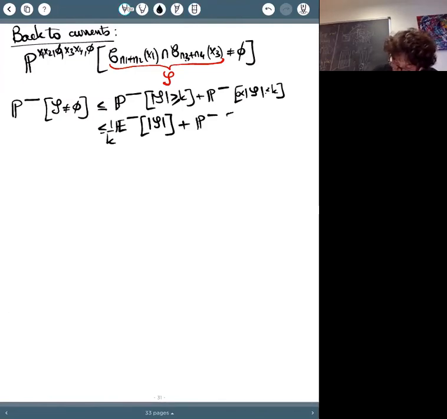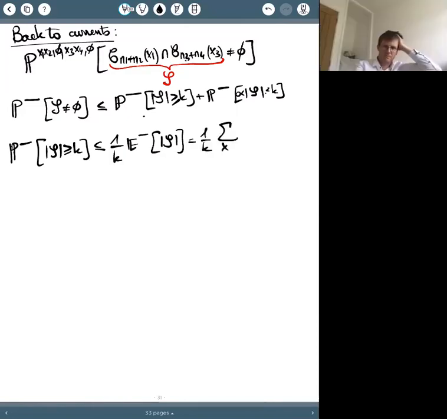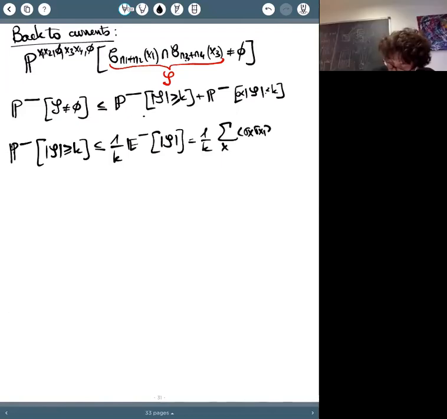Let me write it like that. So P of S larger or equal to K is smaller than 1 over K times the expectation. And this is 1 over K times the sum over X of sigma X1, sigma X4 divided by sigma X1, sigma X2, sigma X3, sigma X4.